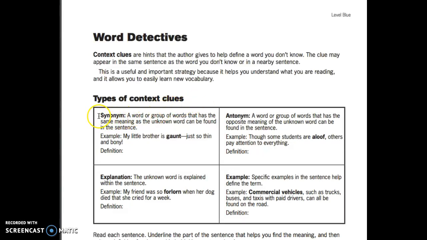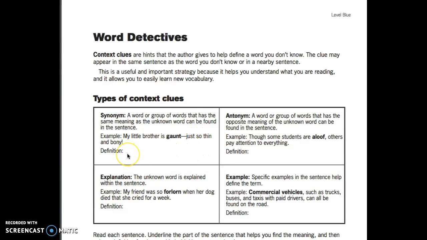Let's start with our first example, which is synonym. A word or group of words that has the same meaning as the unknown word can be found in the sentence. Example: my little brother is gaunt, just so thin and bony.